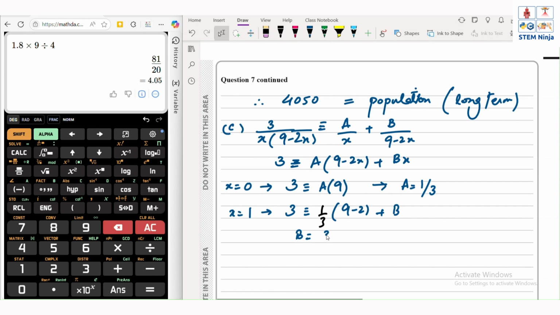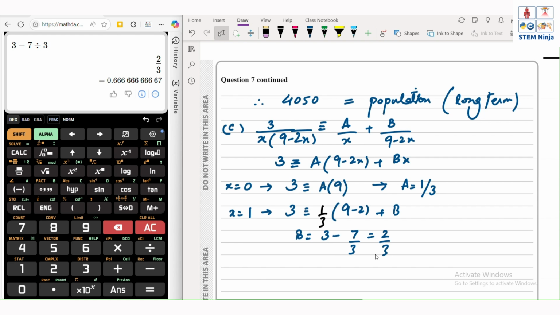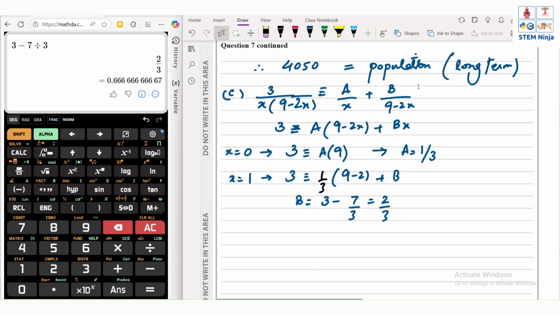So B is equal to 3 minus 7 over 3. 3 minus 7 divided by 3, that is 2 over 3. So therefore, 3 over x(9 minus 2x) can be written as 1 over 3x plus 2 over 3(9 minus 2x).